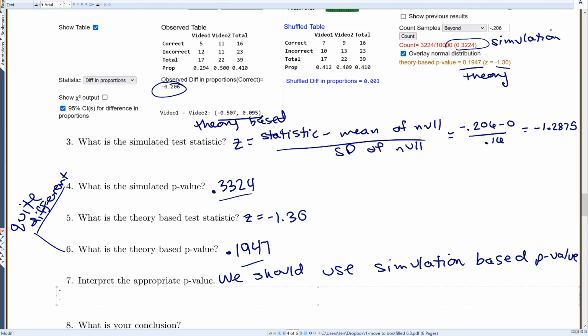And let's interpret that. So we can say something like, if, I would like to capitalize if because that's the big if. It's saying if. We're assuming if the null is true.